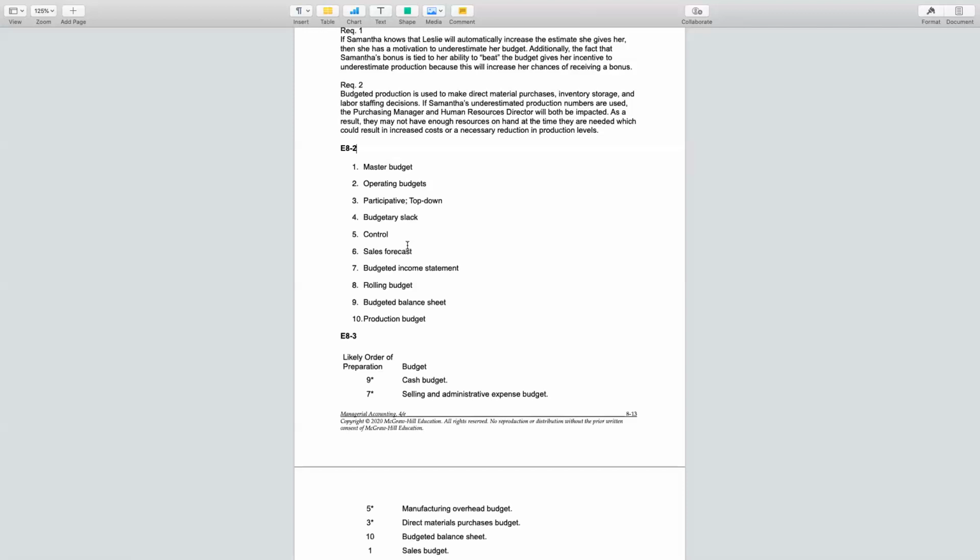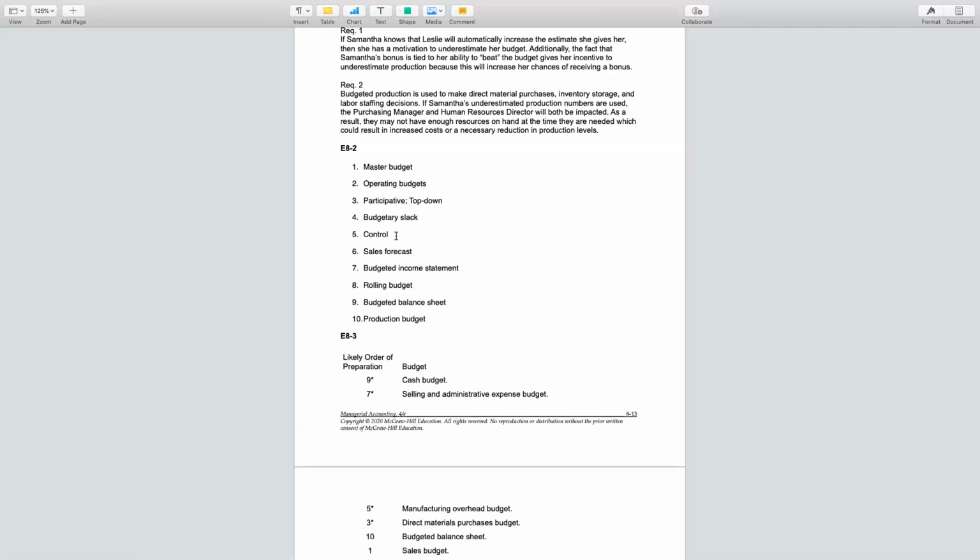Number four, managers who intentionally understate expected sales or overstate expected expenses are creating budgetary slack. Number five, comparing actual results to budgeted plans is an example of management performing its control function. We're comparing the budget to the actual, and then we may need to make adjustments.